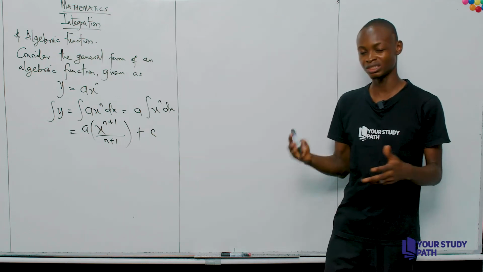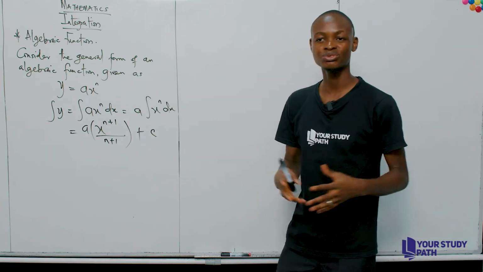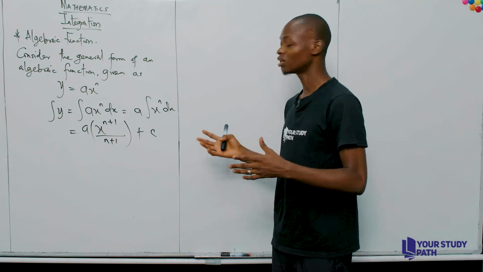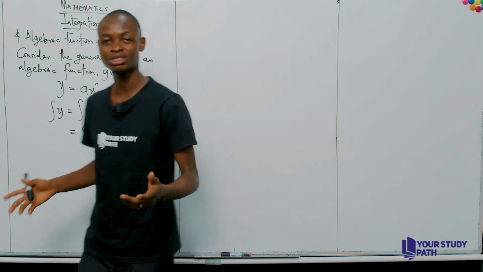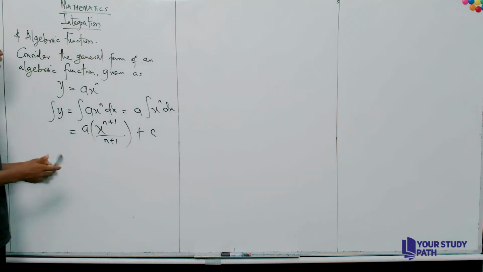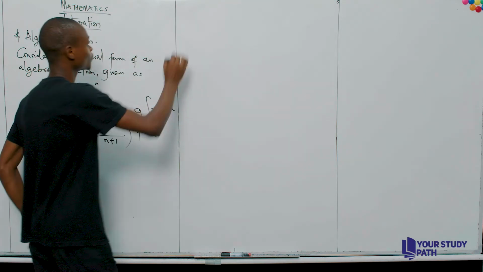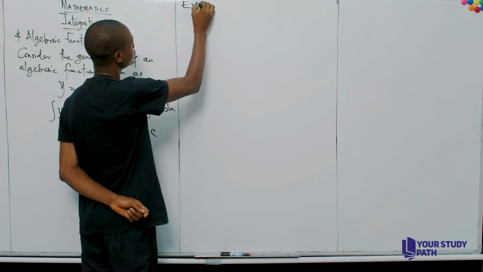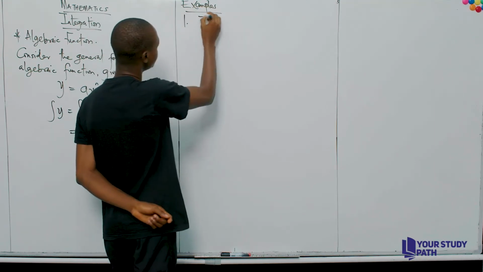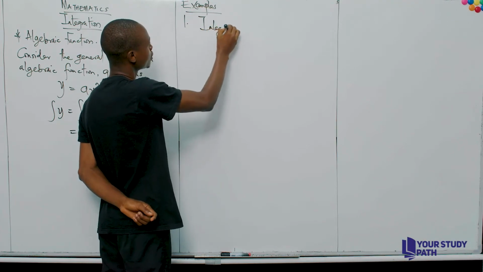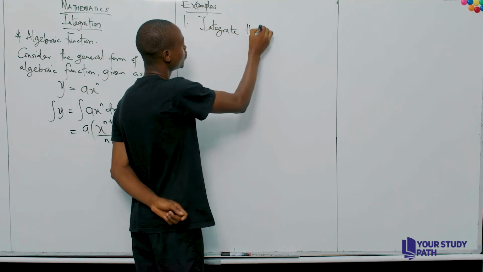That's why we call the integration a kind of reverse process for what differentiation is. This is the generalized form. Let's pick various examples as to how we can use this generalized form. First, let us integrate the following.